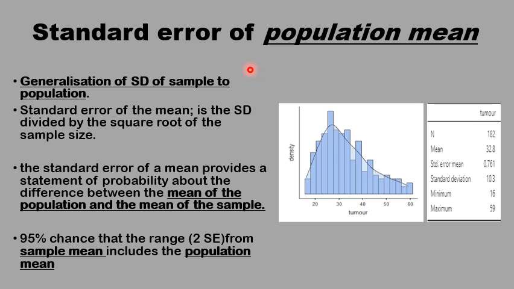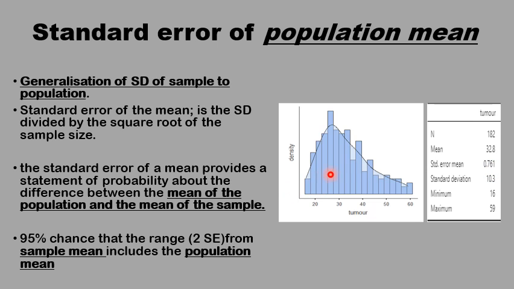We do this by estimating the standard error of the population mean. That is, we take the standard deviation of the sample and divide it by the square root of the number. The standard deviation here was 10 millimeters and the number was 182. We obtain the square root of this number and divide the 10 millimeters by it, and the obtained standard error would be 0.7 millimeters something.